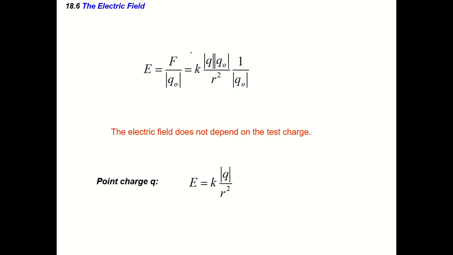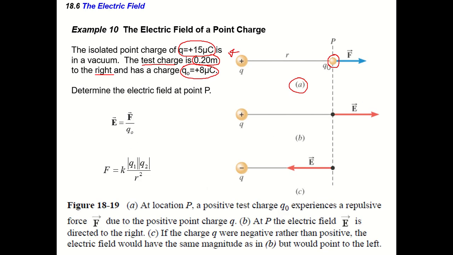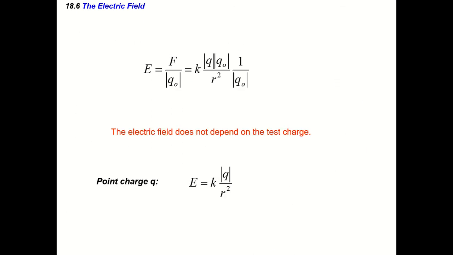And take note, class, that we can also manipulate the equation of the electric field. So we're given E equal to F divided by the absolute value of the charge. So in this case, we call it the discharge, Q sub 0.